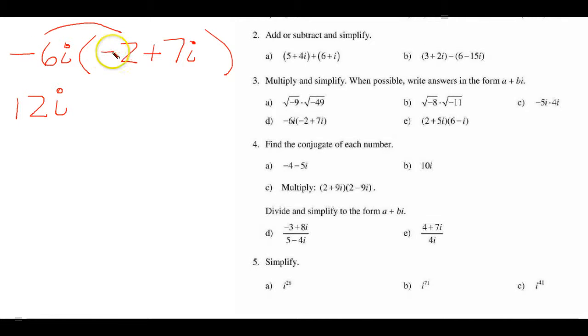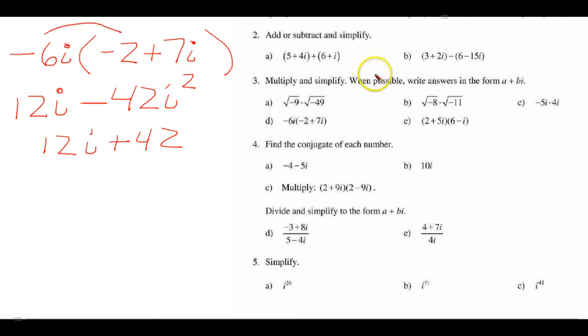A negative times a negative makes it a positive. Now this is going to be a negative 42i squared. But what did we say i squared was? A negative 1. So this is going to become 12i plus 42.